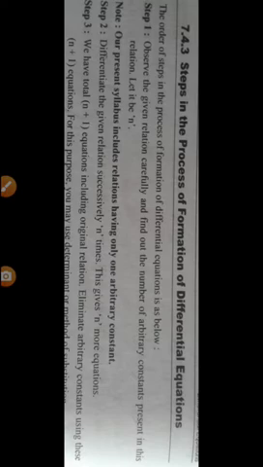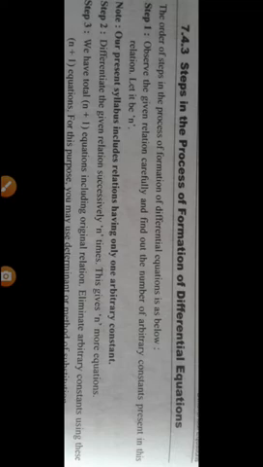When you remove the arbitrary constants, then you get the differential equation of the given relation.